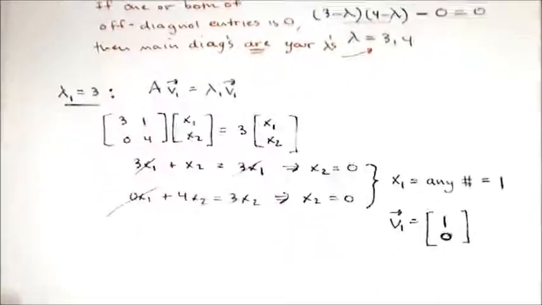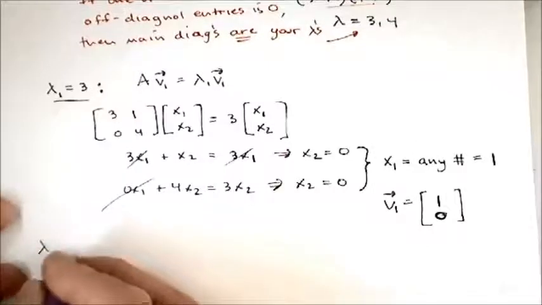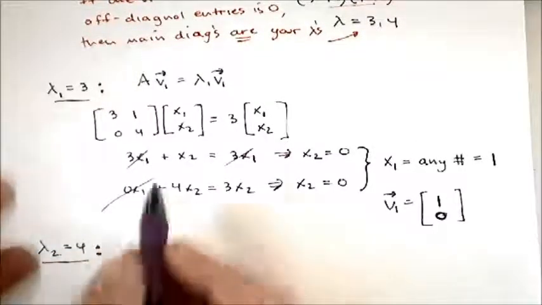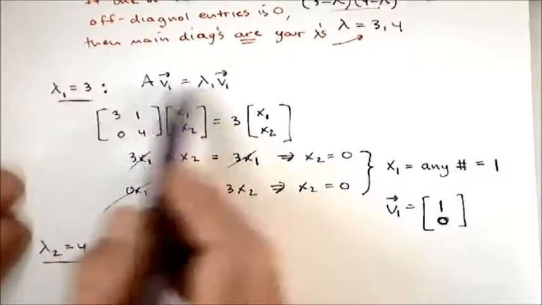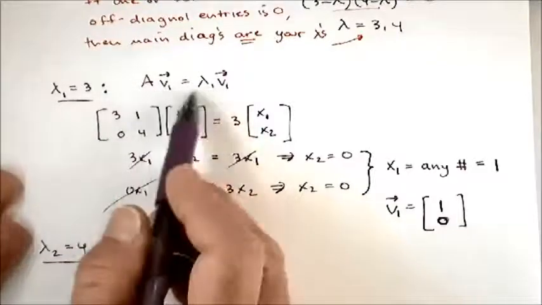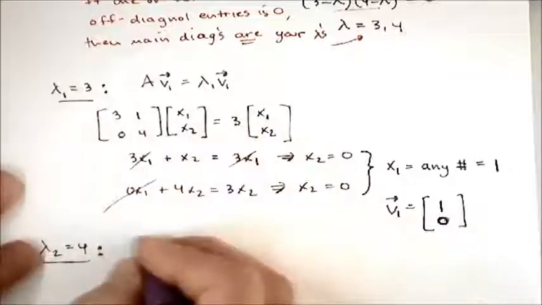I know I'm over time, but I guess since I started, I might as well finish this last one. So let's find the eigenvector for 4. And after a little while, I keep wanting to write this down because I really want to emphasize this idea that that's how we get an eigenvalue. But you can see you're basically just doing this same thing again.